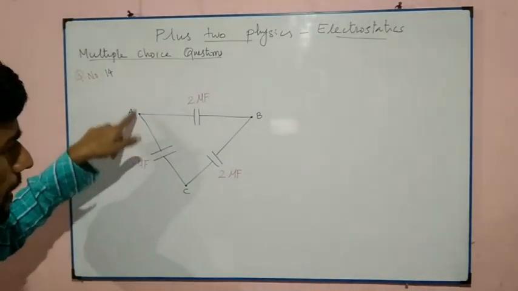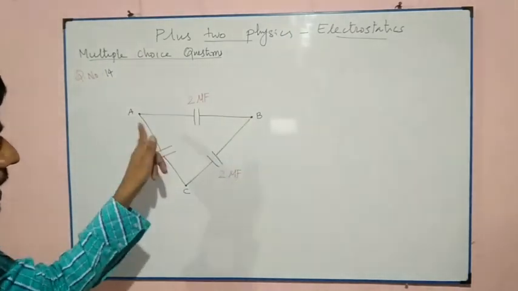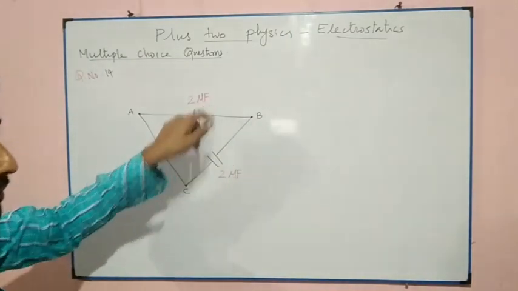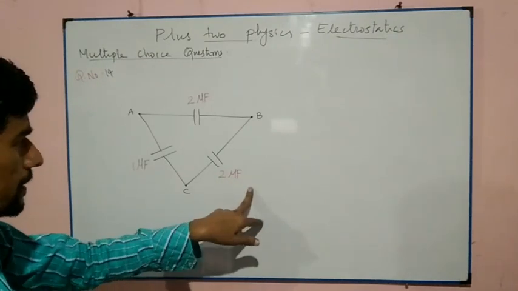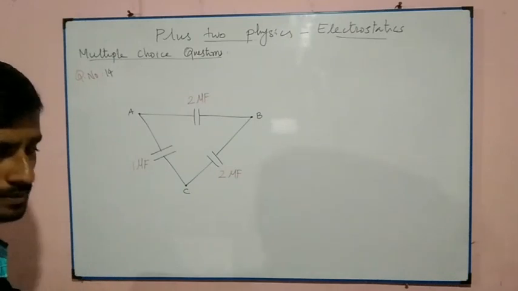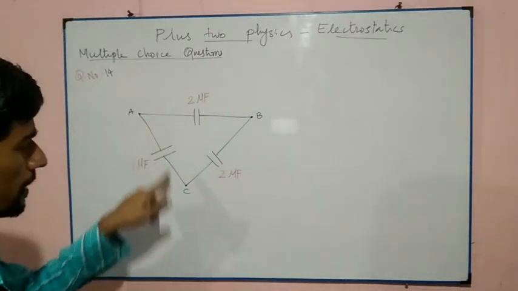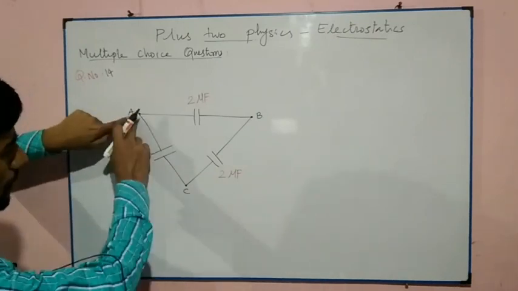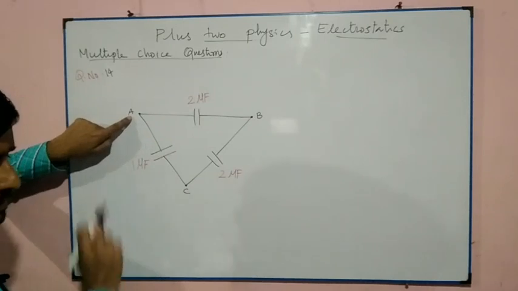These are the points A, B, C. Between A and B, the capacitance is 2 microfarad. Between B and C, the capacitance is again 2 microfarad. And between A and C, the capacitance is 1 microfarad. You are asked to find the effective capacitance between A and C.